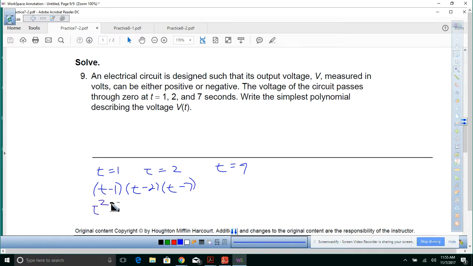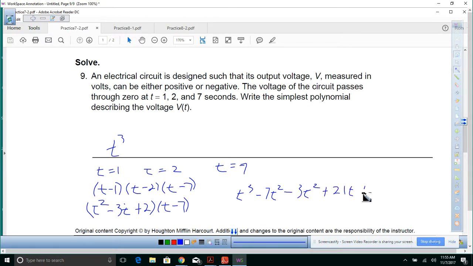So that's t squared minus 3t plus 2 times t minus 7. So that's going to give you t cubed minus 7t squared. And it's going to give you minus 3t squared plus 21t.